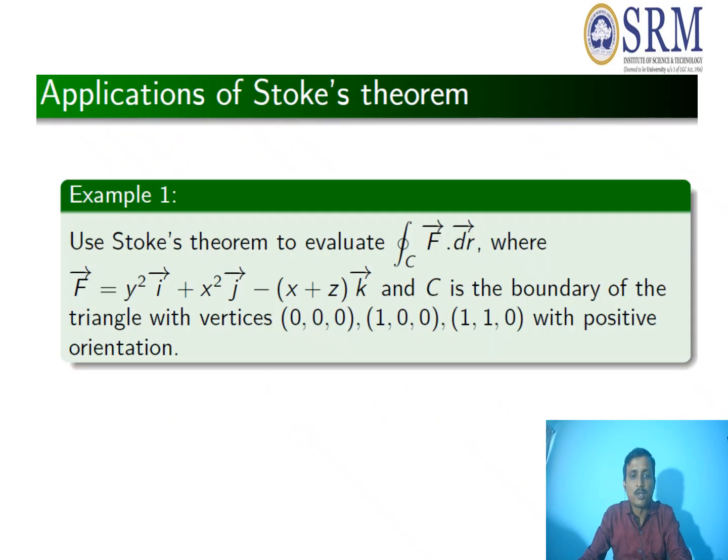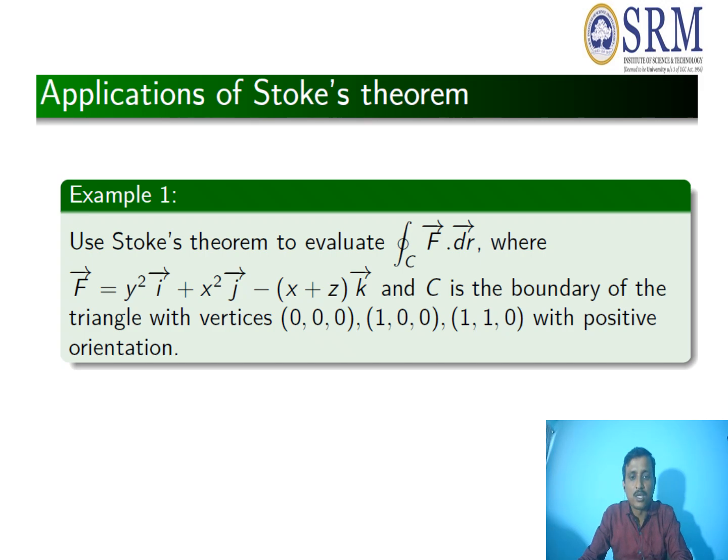This is the first problem on Stokes theorem. It is saying, by using the Stokes theorem, to evaluate this line integration which is given here. F is also given, and what is C? The statement is also there. It is the boundary of the triangle whose vertices are given in three-dimensional form, and it is also positively oriented.